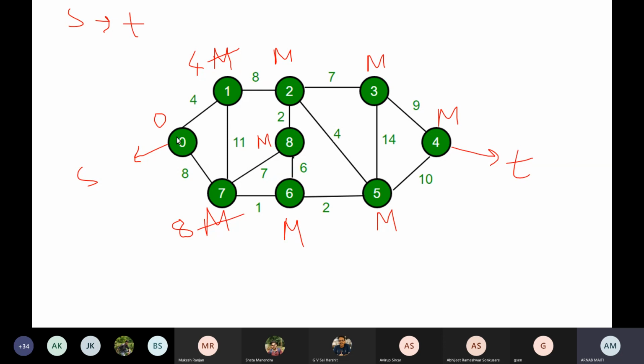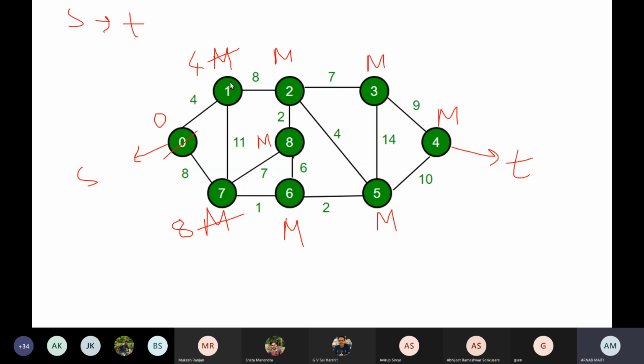Once we have explored all the neighbors of 0, we strike out 0. Then we have to pick the vertex which has the lowest value associated with it and is not struck out. 0 is struck out, so we'll not consider it again.